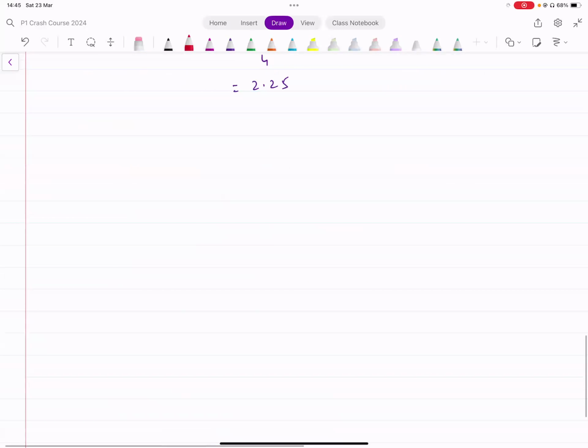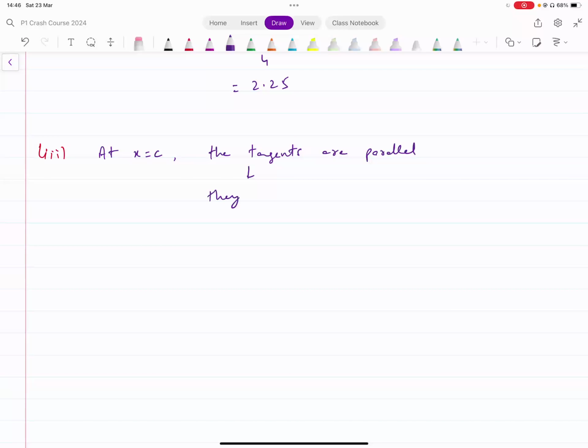Let me write that down. Now, you don't necessarily have to write it in your exam, but just for your notes, what they're saying is, at x equals c, the two tangents are parallel. This means they have the same gradient.